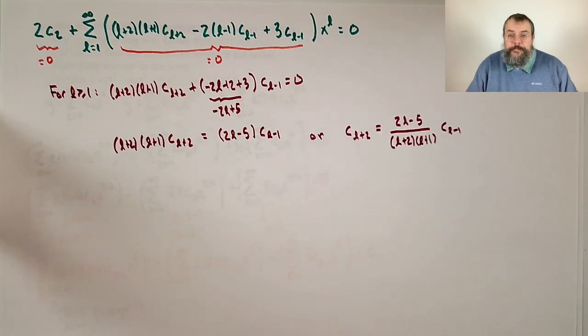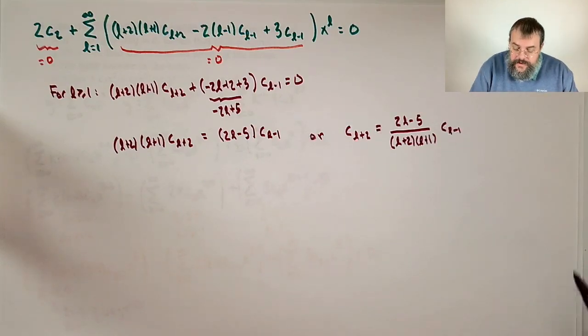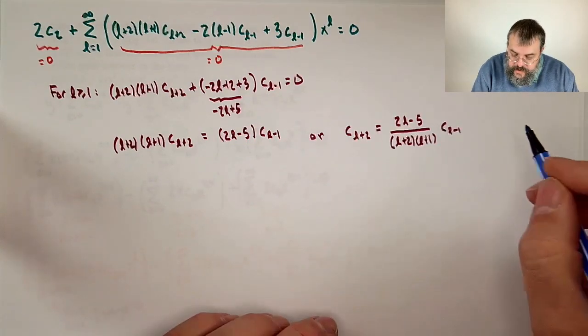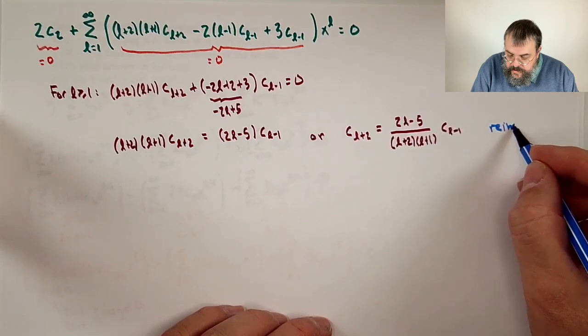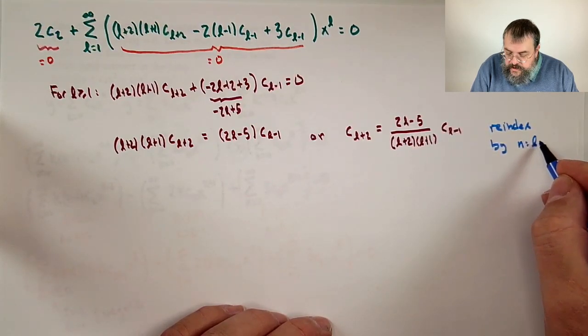All right, good. Now, for convenience, I prefer to re-index this in a nice way. So I'm going to make a little note here. I'm going to re-index by setting n equals L plus 2.